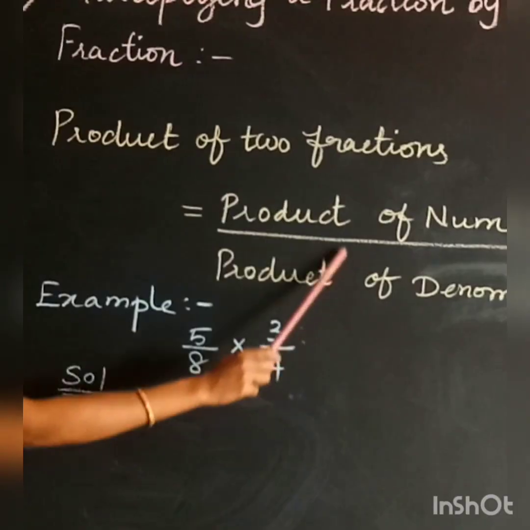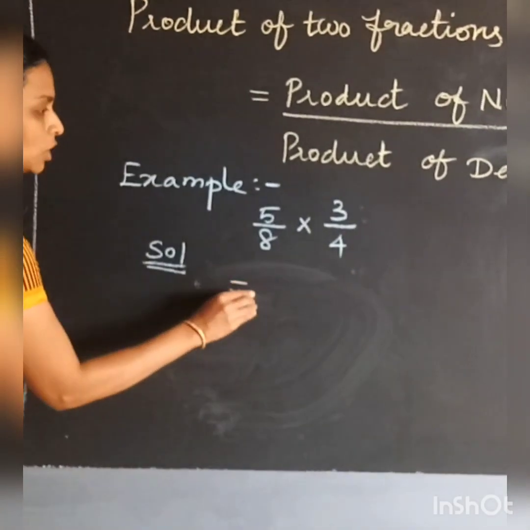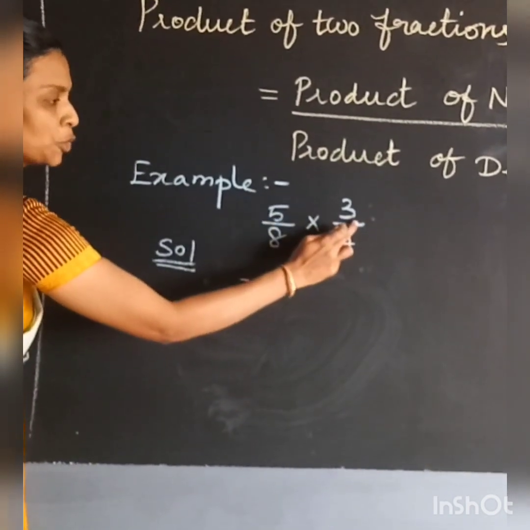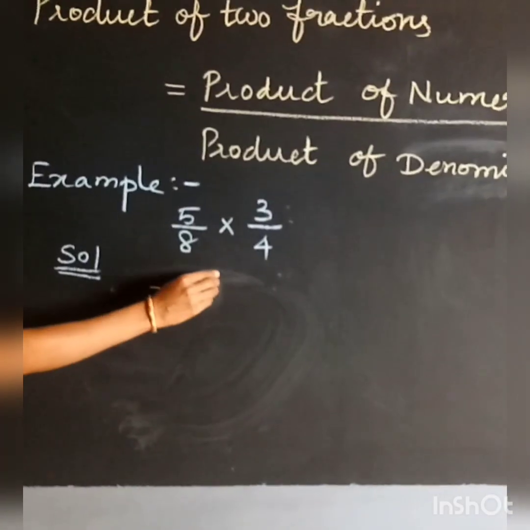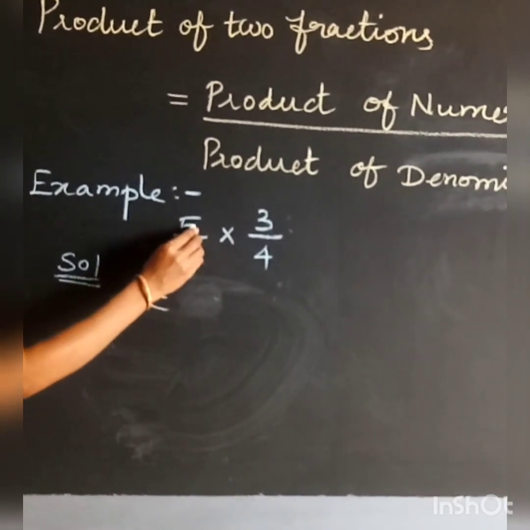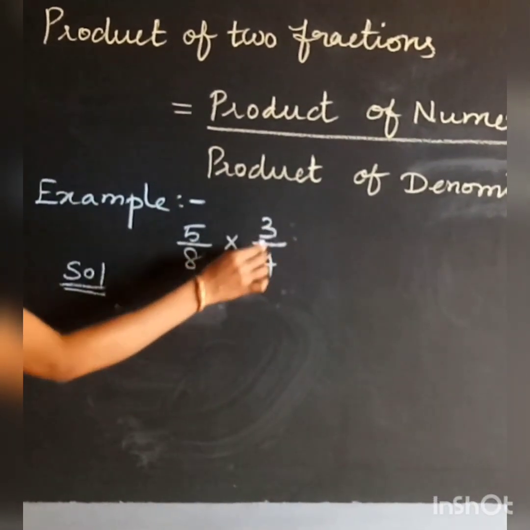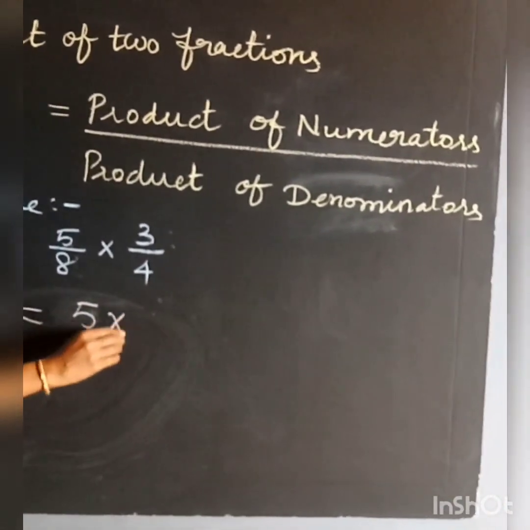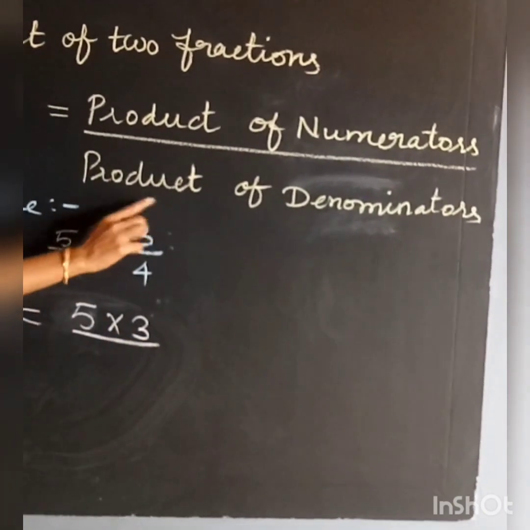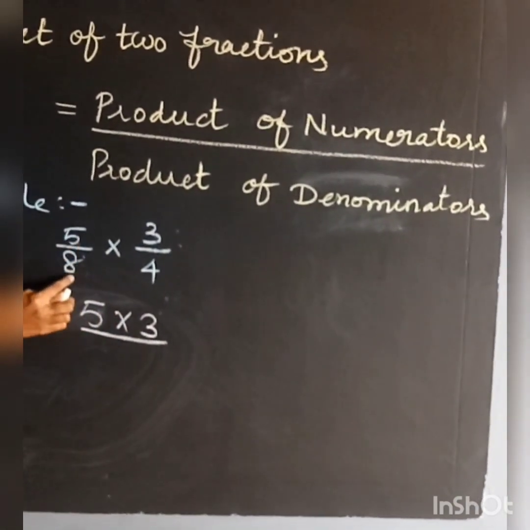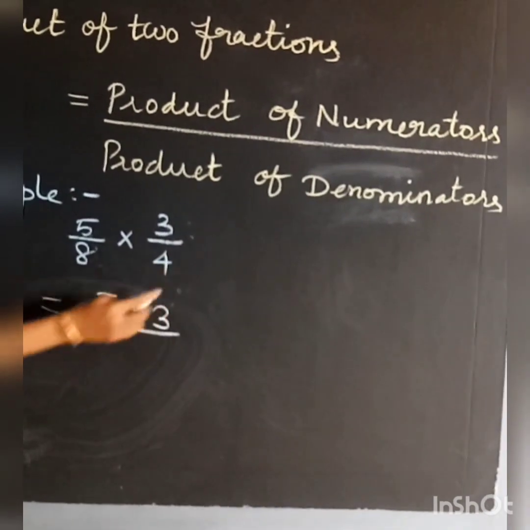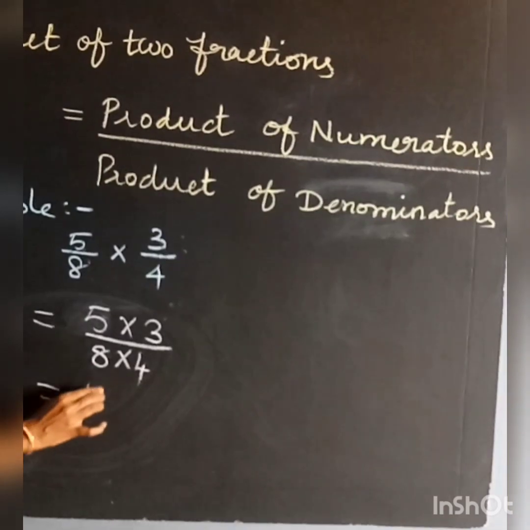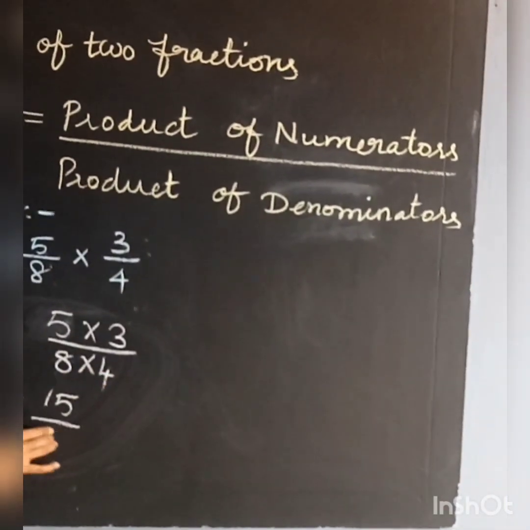We apply this formula: product of numerators, this fraction numerator is 5, this fraction numerator is 3, so 5 into 3, divided by product of denominators, this fraction denominator is 8, this is 4, that is 8 into 4, which is equal to 5 3s are 15 and 8 4s are 32.